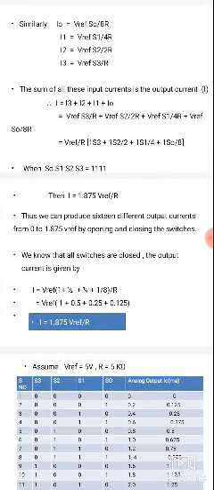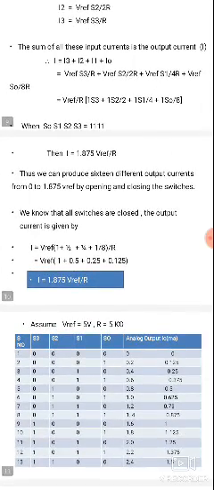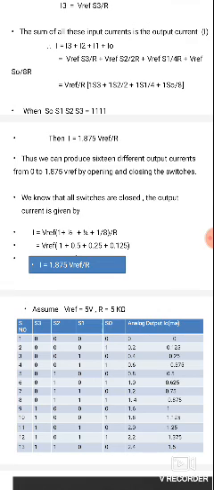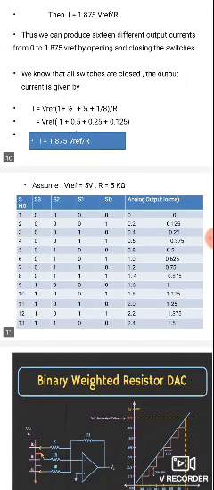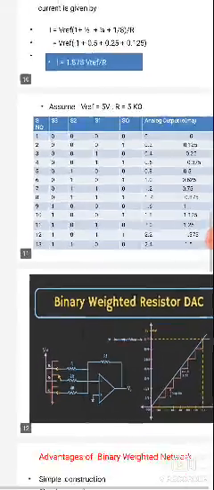So we can produce 16 different output currents from 0 to the maximum current value, 1.875 V reference by R.